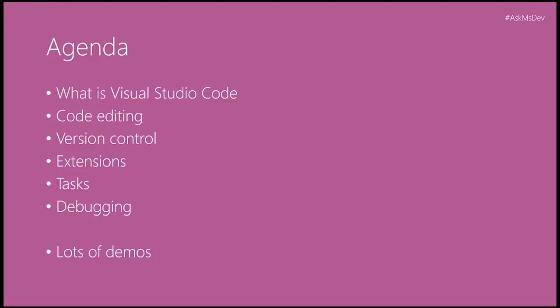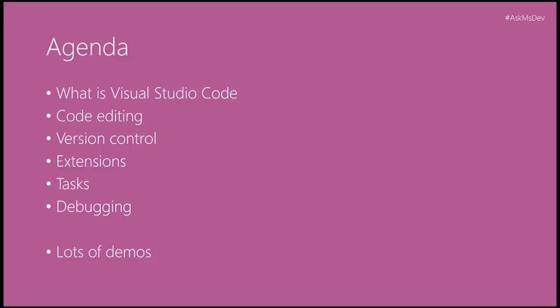So what's the agenda for today? Today's agenda will be on first looking at what is Visual Studio Code. Then going into the different aspects that go into writing your code, whether it's the actual pure editing side, so writing your code, and then we'll look at how to deal with version control.